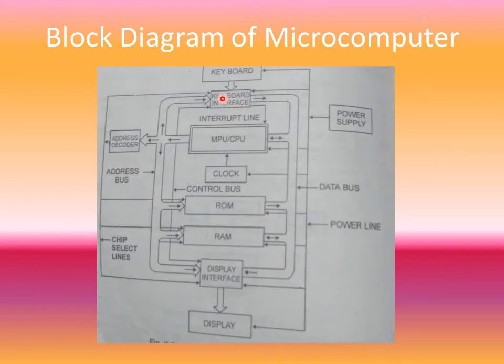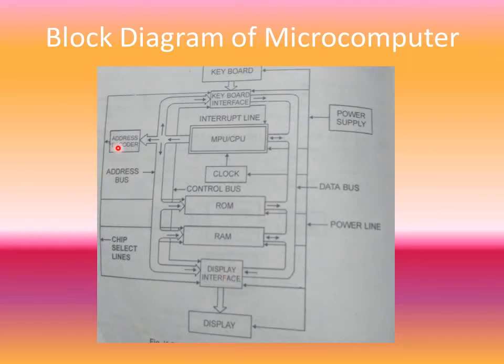Then the keyboard interface sends one signal to the MPU and that signal is called an interrupt line. Next, for the CPU, the clock is attached. Now, this is RAM memory, ROM memory, and again the output is given to the display device, or you can call it as a monitor through display interface.